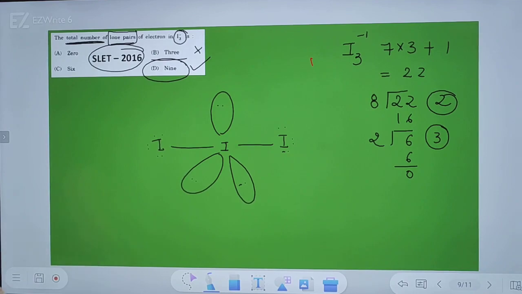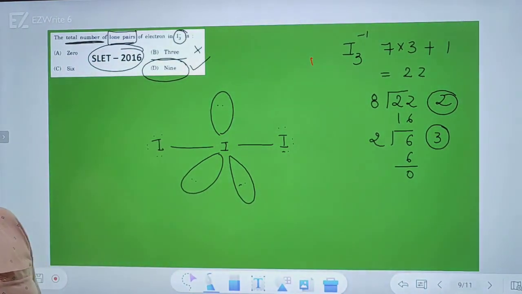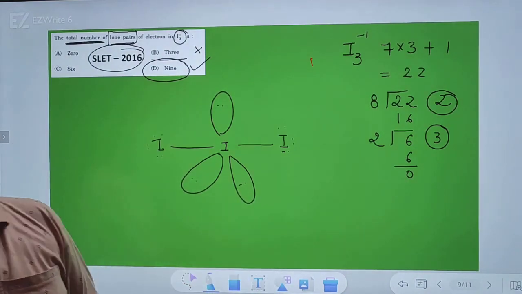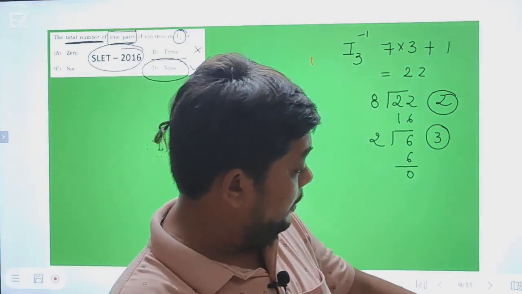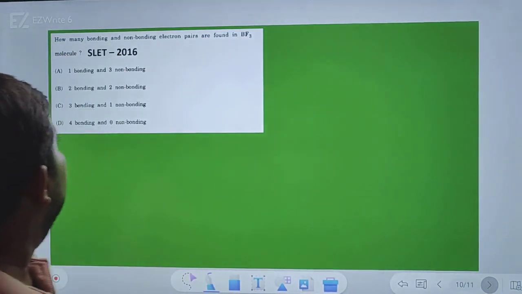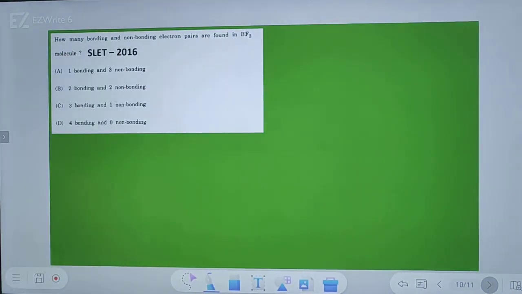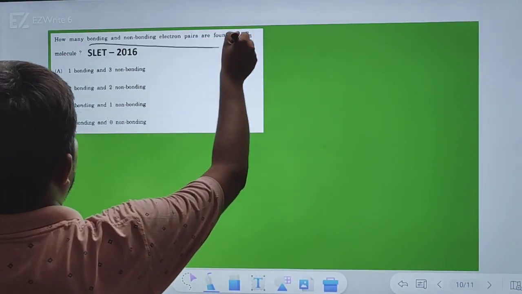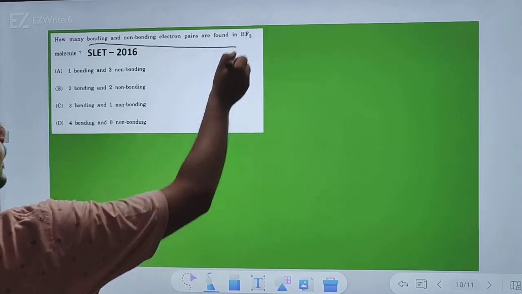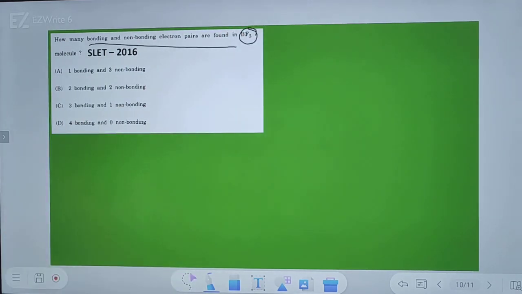I hope you are getting the concepts clear. You are now getting a bit more confident when you are solving such questions, and you will be opting for them in your exams. How many bonding and non-bonding electron pairs are there in a BF3 molecule?